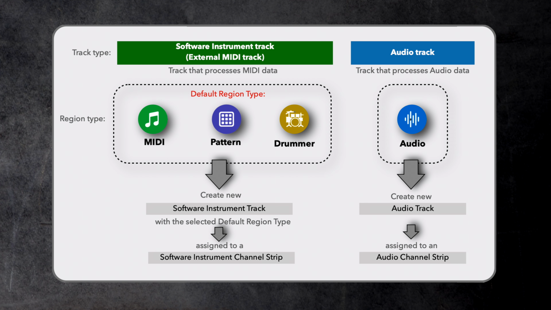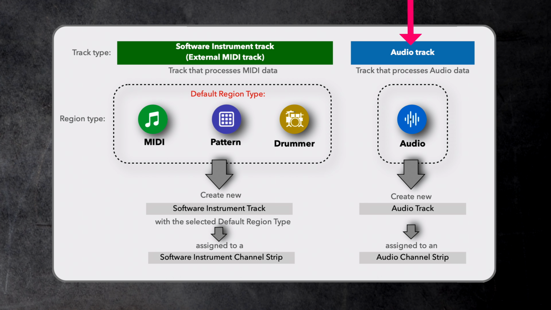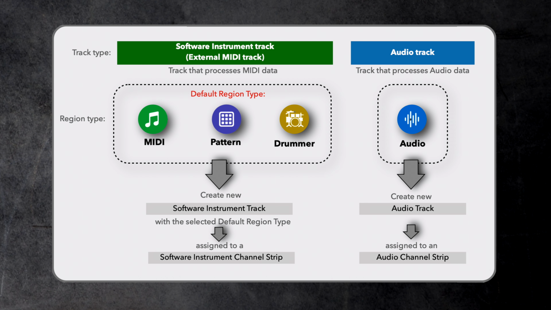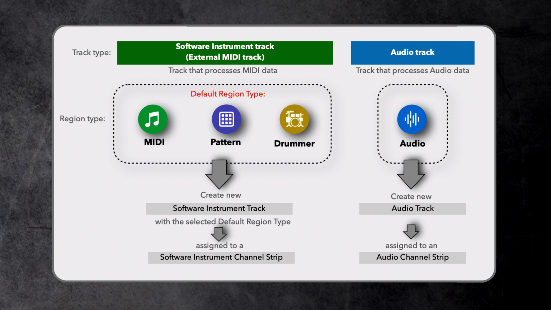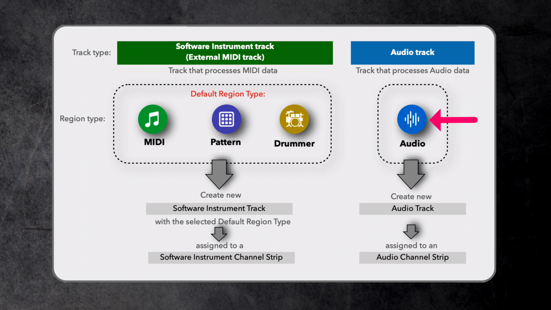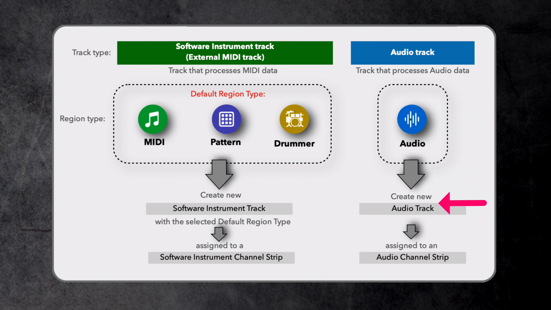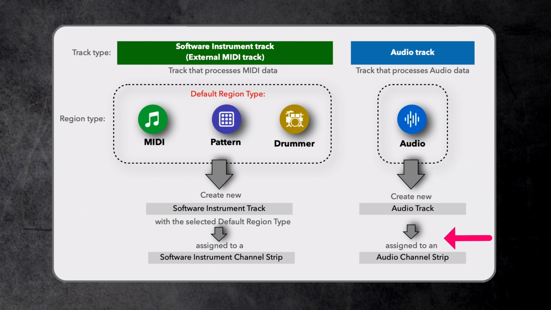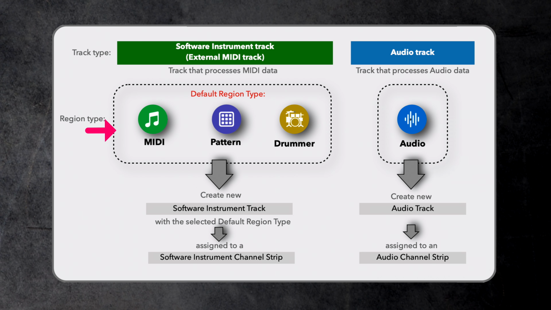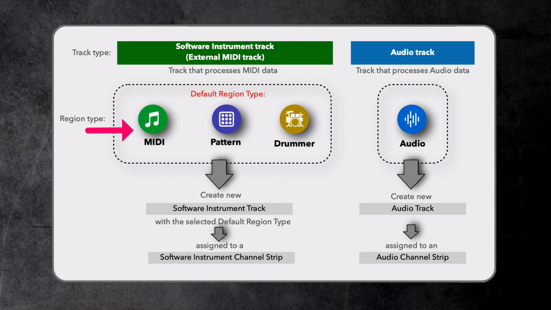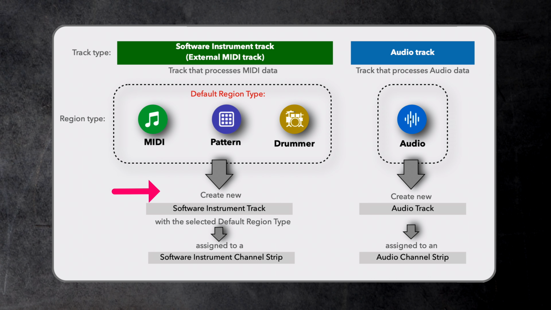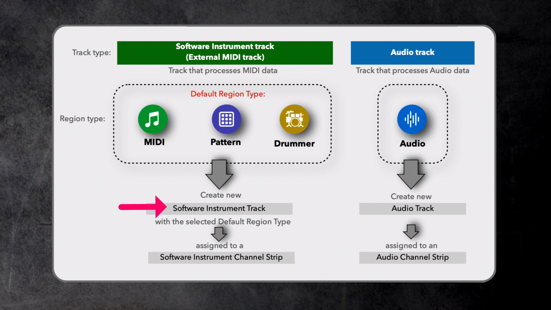The section on the right represents the audio track, which is a track that processes audio data. When you select or double-click the blue audio icon, you create a new audio track that is assigned to an audio channel strip. Any of the first 3 icons on the left creates a software instrument track or an external MIDI track.